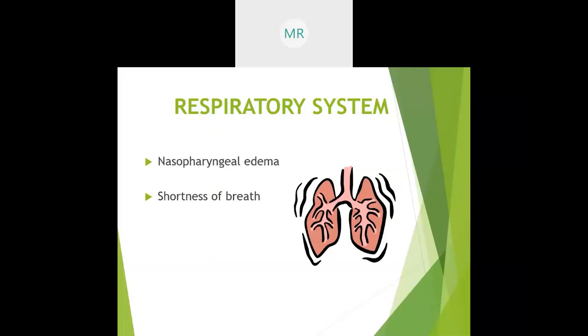So we have to be very careful and listen to our patients. They do develop this nasopharyngeal edema. Okay, because again, thank you to estrogen, the upper respiratory tract becomes more vascular in response to increased levels of estrogen. And it does cause this nasopharyngeal edema, which is a nasal stuffiness.